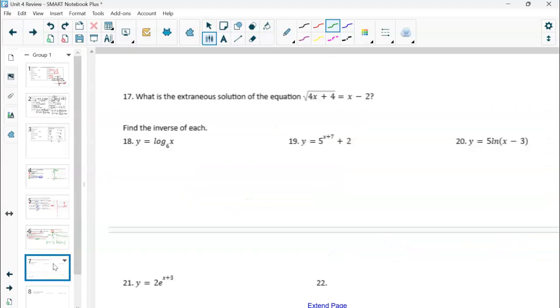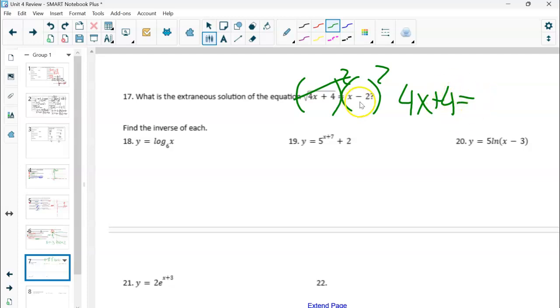All right, and lastly, I'm going to go over extraneous solutions. So question 17. So remember, again, this is an abbreviated version. How do I find extraneous solutions? You can solve it by squaring both sides. All right, so again, you can square both sides. The 2 will cancel the radical. You're going to get 4x plus 4.